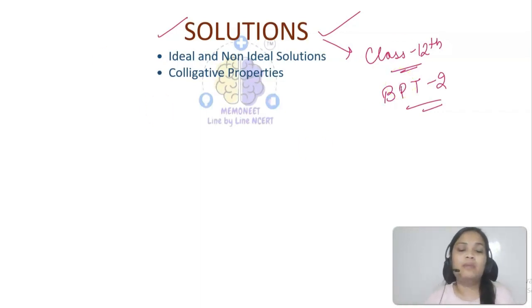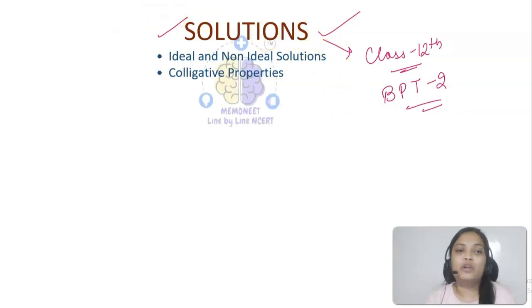Then we saw the different types of solutions, like liquid solutions. We discussed vapor pressure. We studied what solubility is and what factors affect solubility. So these are the topics we covered in the last session. Those who have not watched the last session, please go and watch that first and then come back to this session. Then you will be able to understand it in a better way.